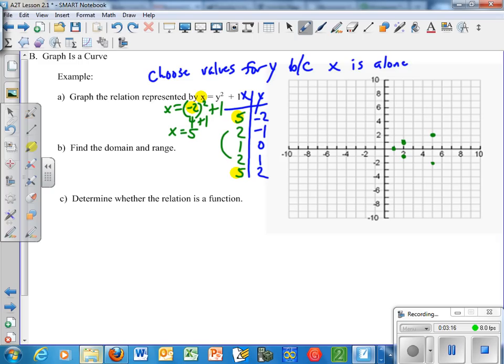So here's what this graph kind of looks like. Kind of looks like a sideways parabola, doesn't it? Now you remember, if you have y equals like x squared plus 1, that's a parabola that opens up. Well, what happens when you have x to the first and y to the second, like we do in this one, it kind of changes it to a sideways parabola.